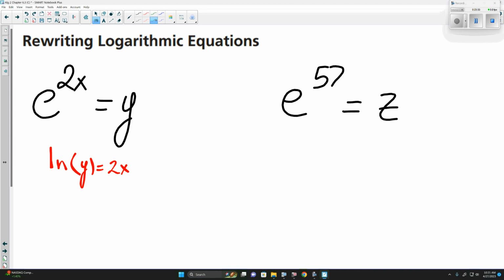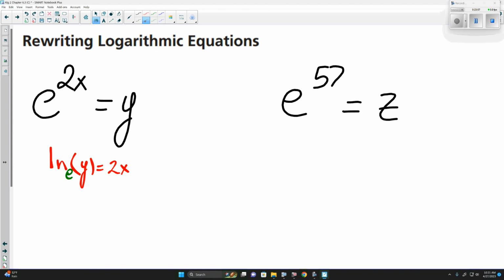Now the base is just e. So ln, the natural log base e of y, is 2x. We don't have to write the e. We can just say the natural log of y is 2x.